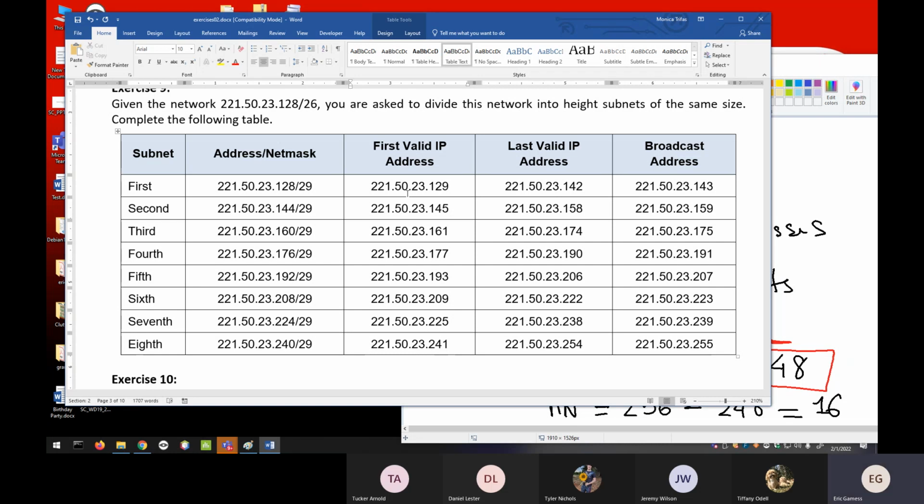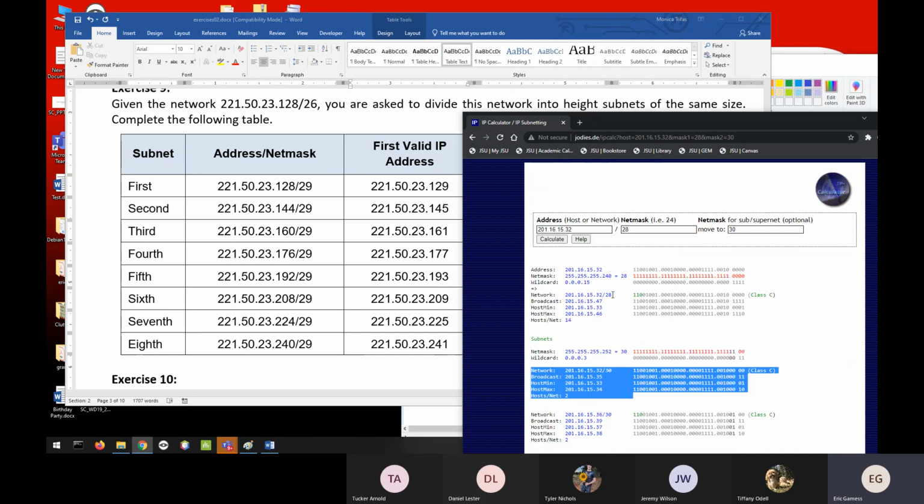Now, let's take our calculator from the internet and verify all this. So we are going to say our original network is 201.50.23.128. It was a /26, and we want to go to a /29.